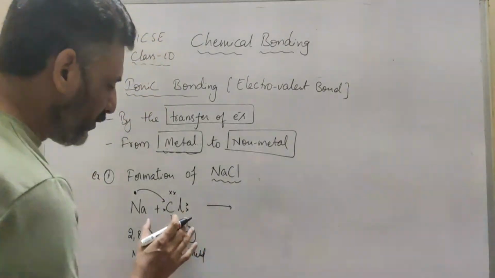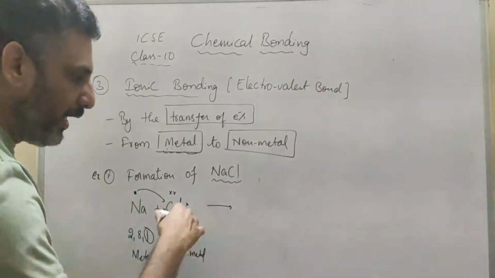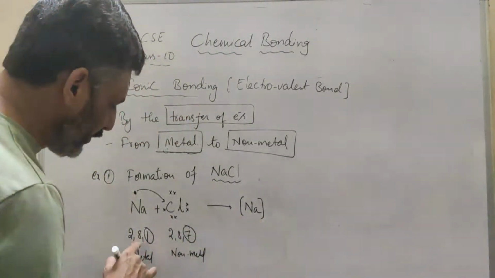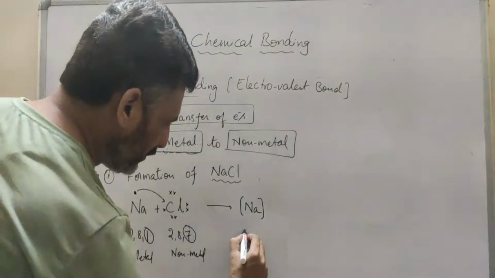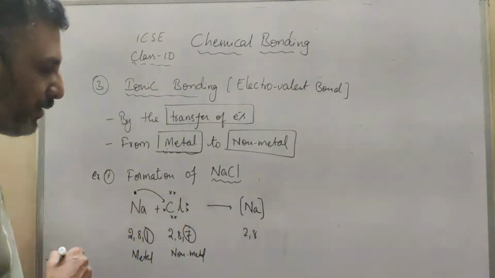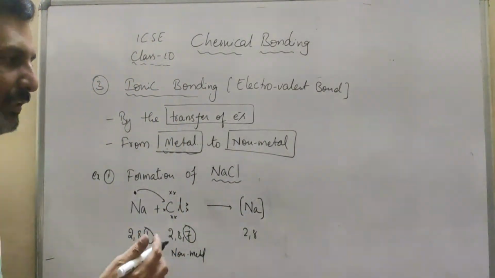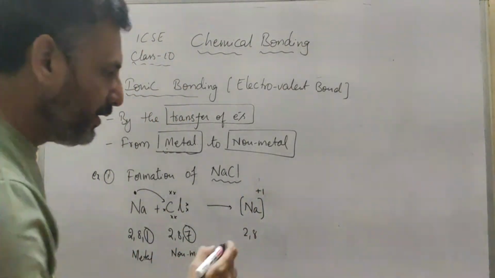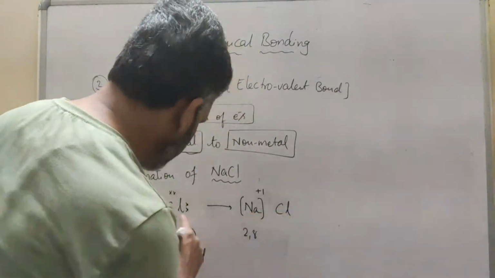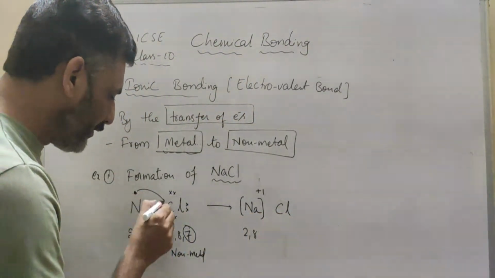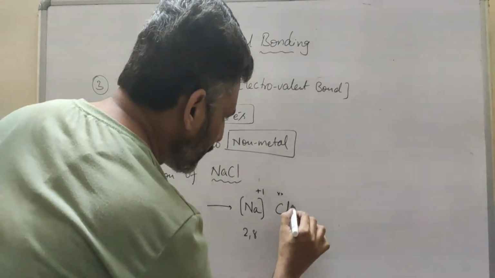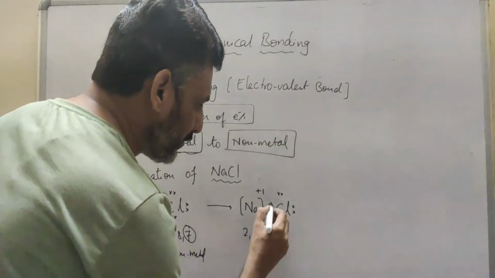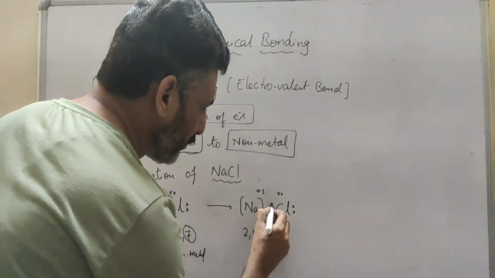So this electron is going to be transferred from sodium to chlorine. Before transfer it is like this. After transferring, sodium was 2,8,1, now this electron is gone, so it becomes 2,8. But sodium has lost 1 electron, so it becomes positive, a cation. At the same time, chlorine gains this electron. Chlorine already has 7 electrons here, which is mandatory to show, and 1 is from sodium.